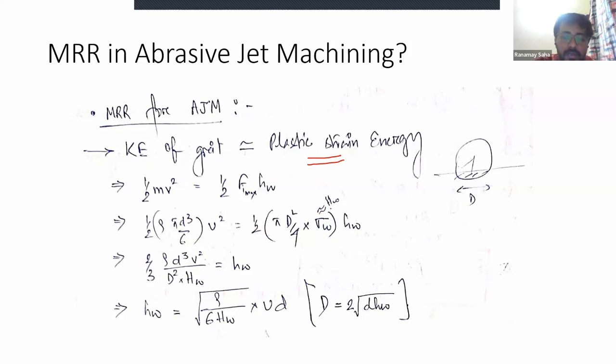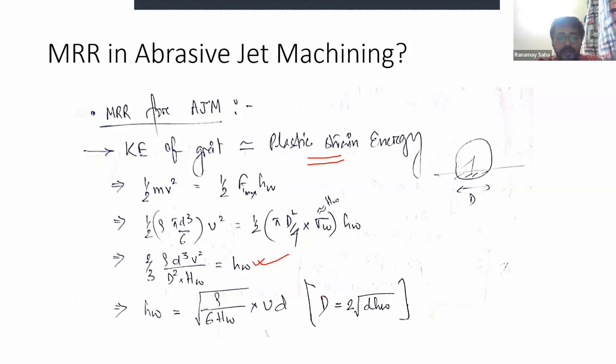Now you know that the hardness is always comparable to the strength, as you have seen in case of your ultrasonic machining process. So you simply take out hw, the depth of penetration or indentation depth, as square root of density by 6 of hw multiplied by CD.